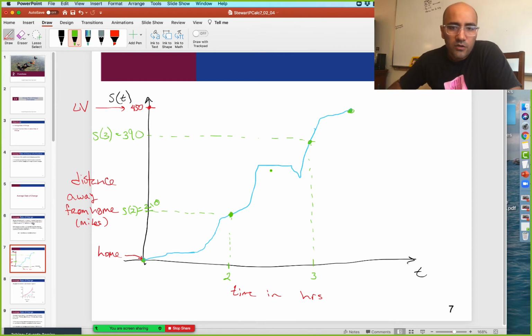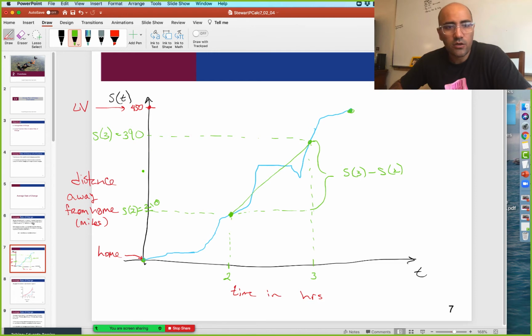Okay, so if I want to find the average rate of change between these 2 points, I would want to connect them and find the slope of that line. I want to find the change that occurred here, which would be S of 3 minus S of 2.